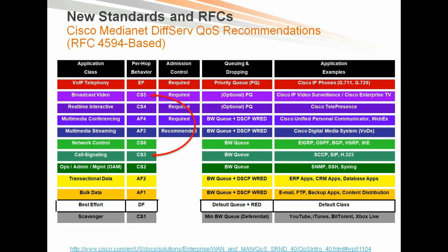And so we've done that by marking it as CS3 as opposed to CS5. The other reason behind this is quite simply that CS5 does have the requirements for the priority queue, and we want to keep the priority queue as clean as possible so that it is based on priority traffic and not a bunch of other applications.